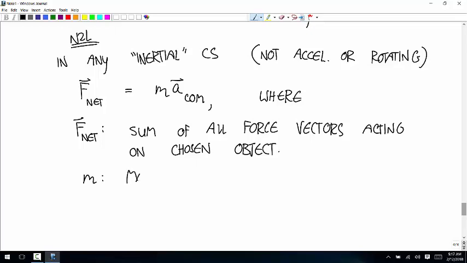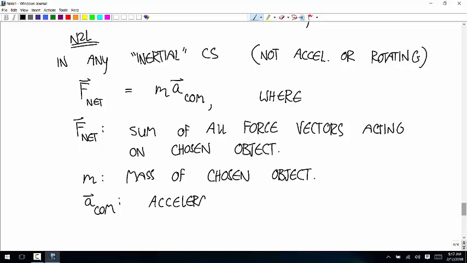M is the mass of the chosen object. And a_COM is the acceleration vector of the object's center of mass.